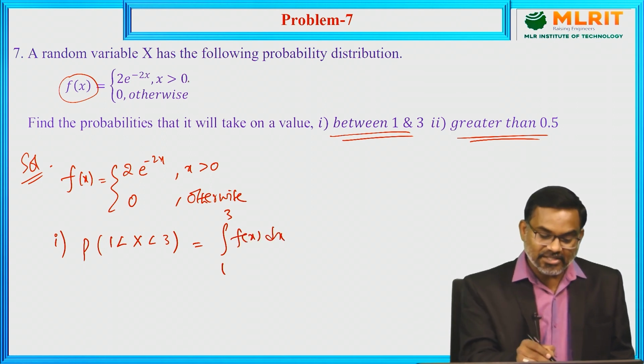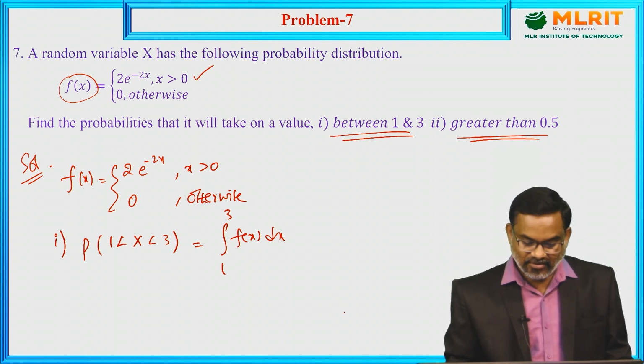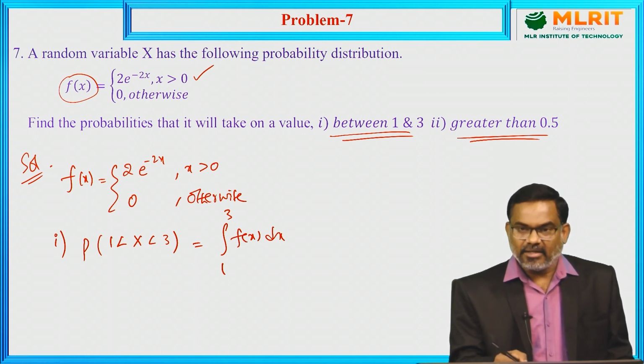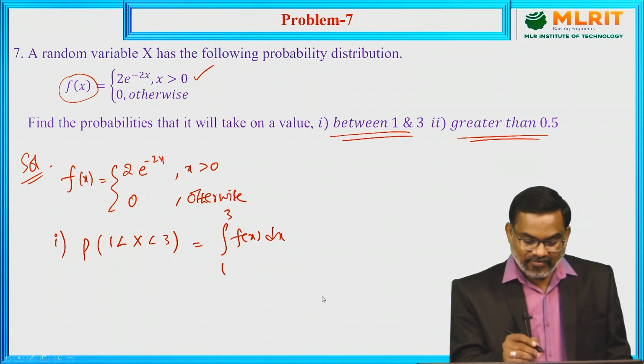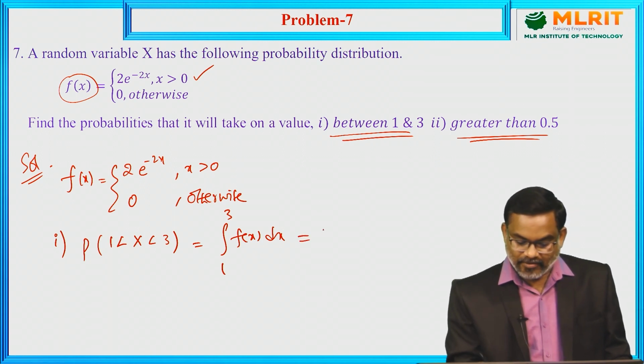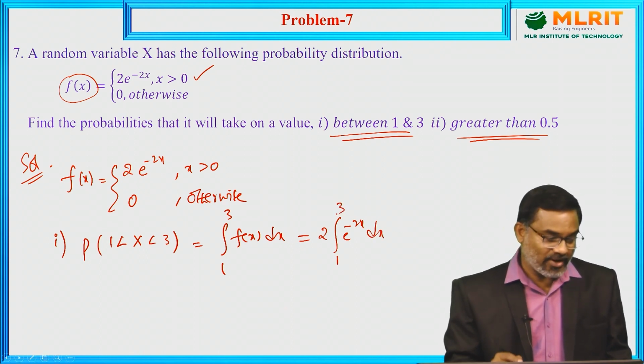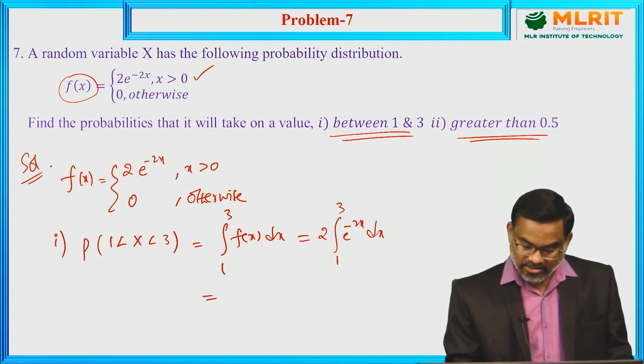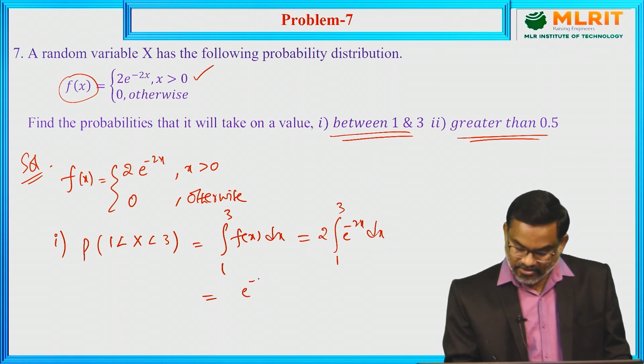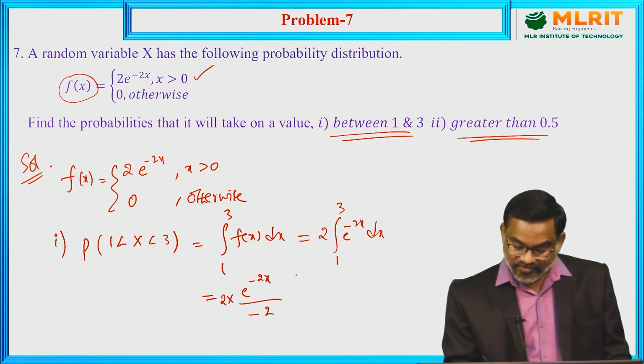But the function is defined for all x greater than 0 values, so 1 and 3 come under x greater than 0. So, 2 is a constant, and we integrate e power minus 2x dx from 1 to 3. The integration of e power minus 2x is e power minus 2x by minus 2, multiplied by 2, from 1 to 3. So, these 2 get cancelled.